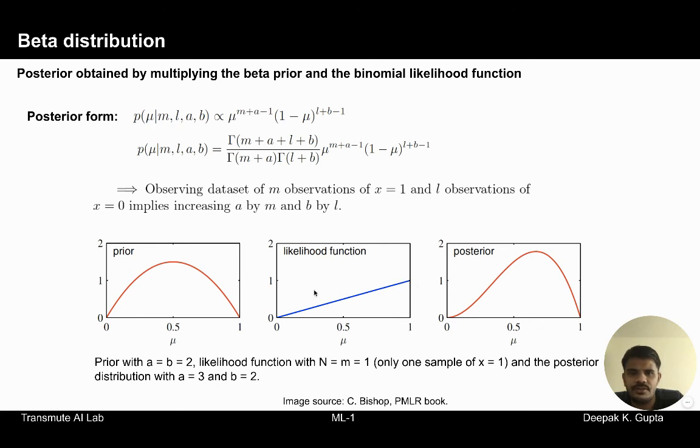When we use these two to obtain the posterior, we see that the posterior is now shifted towards 1. With this likelihood function added to the prior, our posterior is now more towards this solution, because in the observations that we made, the likelihood function shows that x equal to 1 tends to have higher probability. So our posterior is now shifted towards x equal to 1.